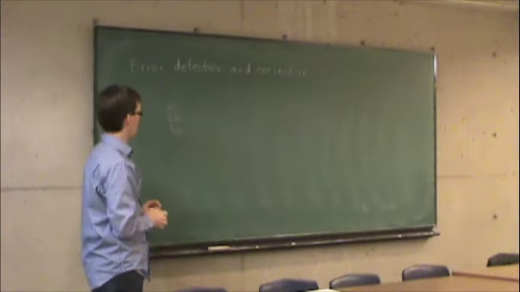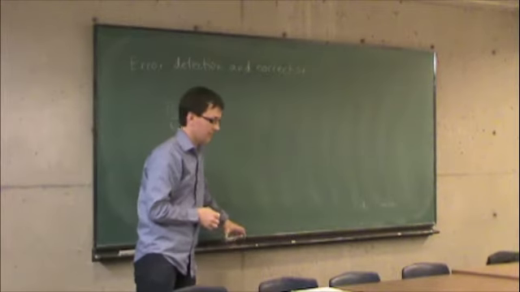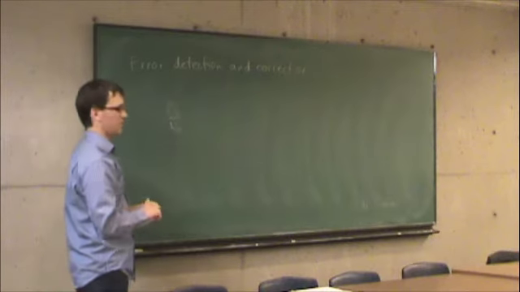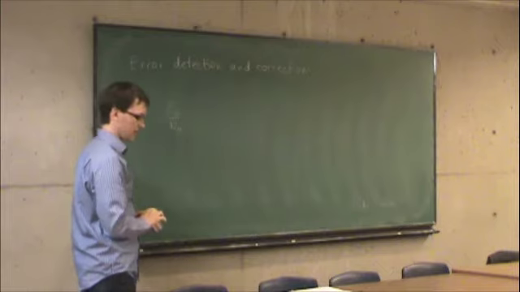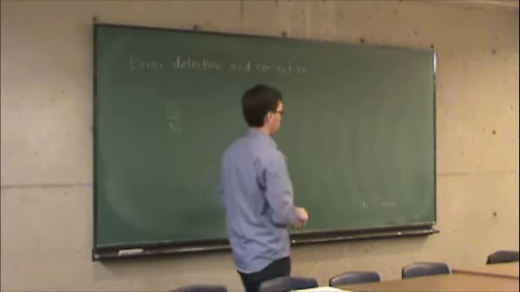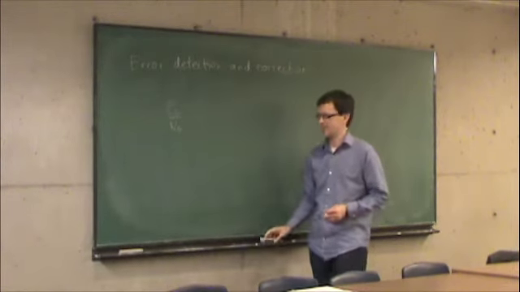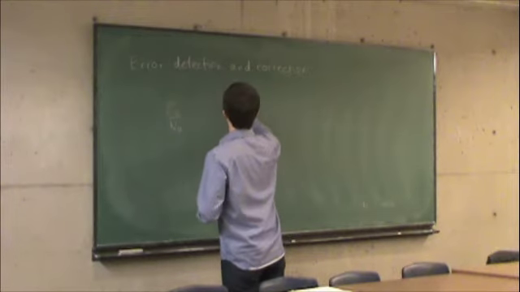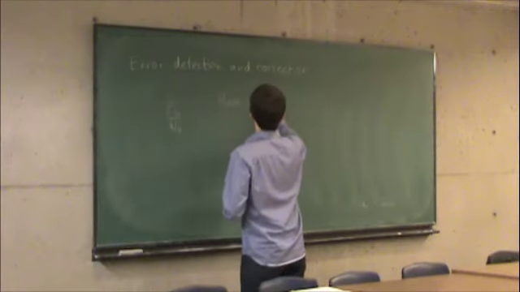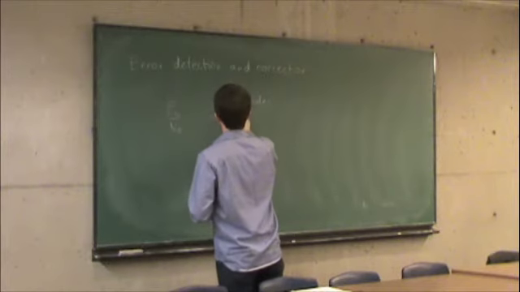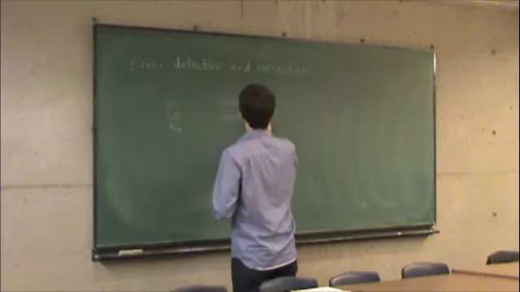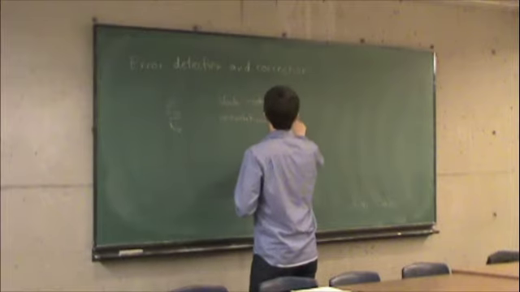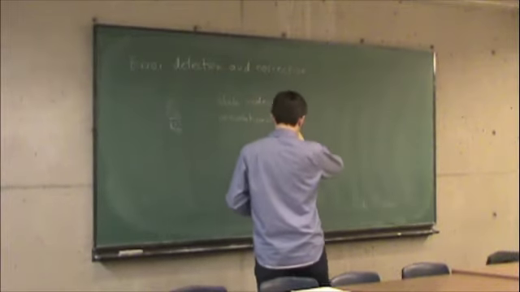There's a lot of very, very complicated math here. We are going to basically just scratch the surface and look at two particular kinds of error correcting codes. Those are called block codes and convolution codes. And the basic idea will be this.